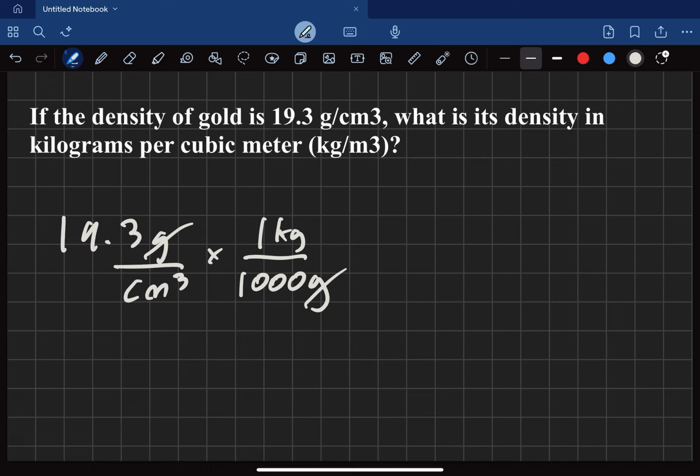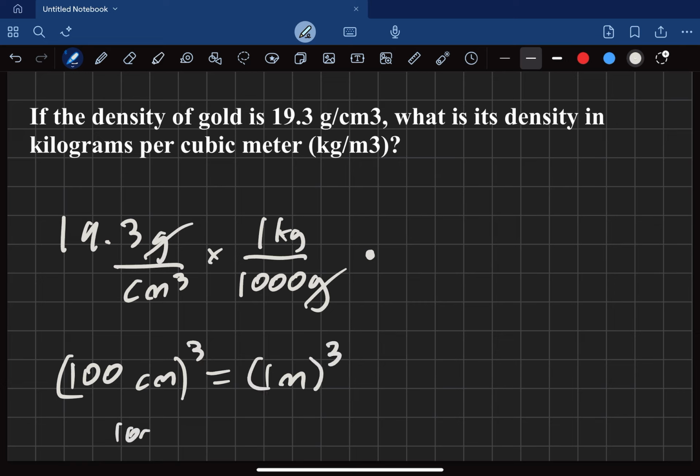Now let's get centimeters cubed to meters cubed. This one's going to be a tad bit more difficult because we know, let's write over here, 100 centimeters is equal to 1 meter. But how many centimeters cubed equals a meters cubed? To do that, we're going to have to cube both sides of this. And notice this 100 will be cubed and the centimeter will be cubed.